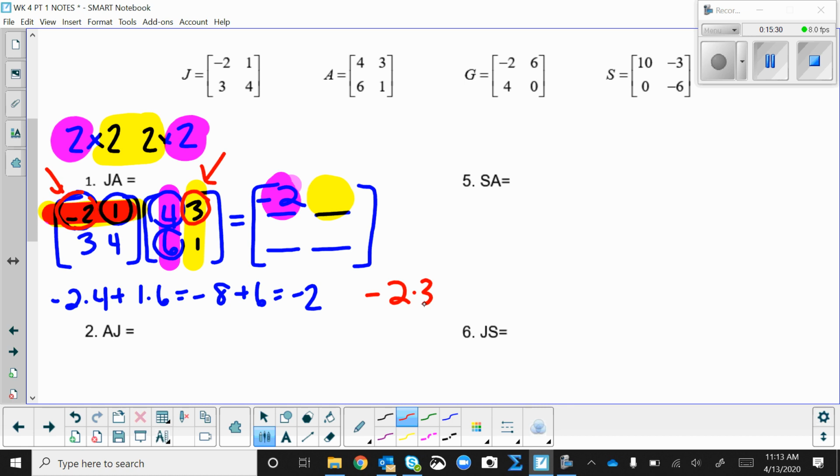Now I want to do the second entry in row 1 times the second entry in column 2. And then what am I going to do with those things? Add them. So this is -6 plus 1, which is -5. And that goes here. I want you to pause the video and do row 2, column 1, dot product, and row 2, column 2, dot product.